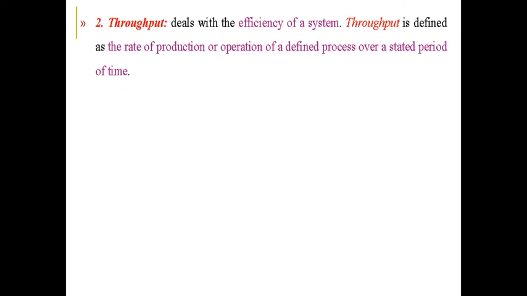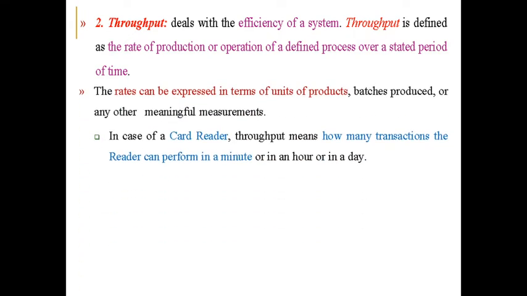The next is throughput. Throughput is the efficiency of the system. Here, throughput is defined as the rate of production or the operation of a defined process over a stated period of time. How much product it produces, or how much it operates over a period of time, that will be the throughput here.